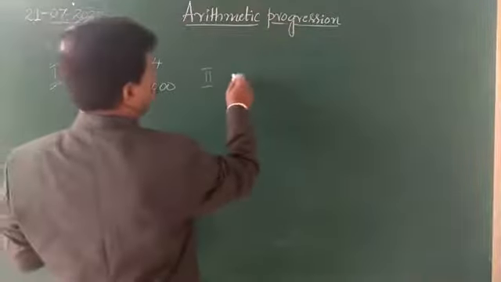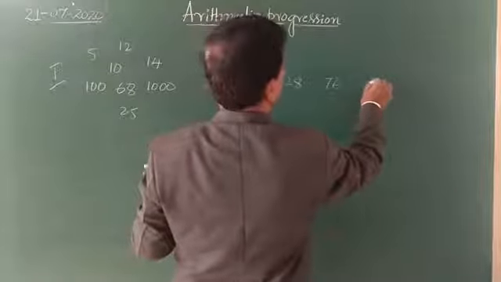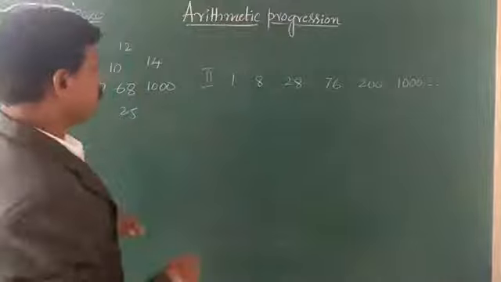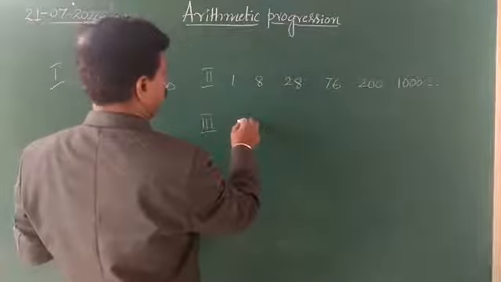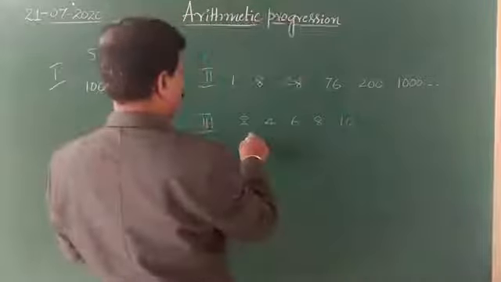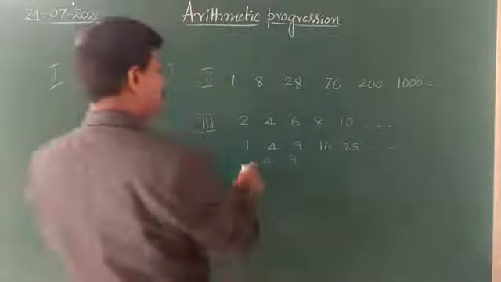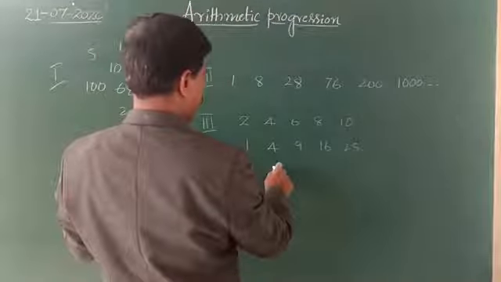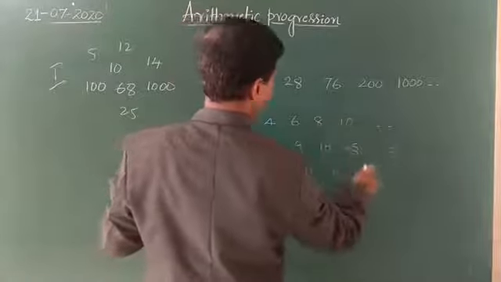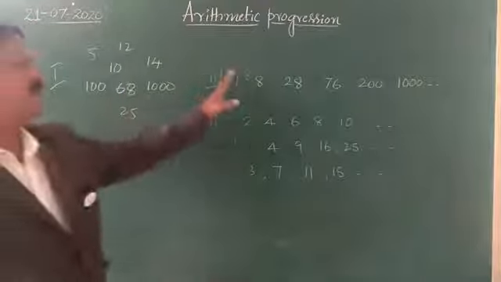In the second set we have 1, 8, 28, 76, 200, 1000, etc. And the third one we have 2, 4, 6, 8, 10, etc., or 1, 4, 9, 16, 25, etc., or 3, 7, 11, 15, etc.